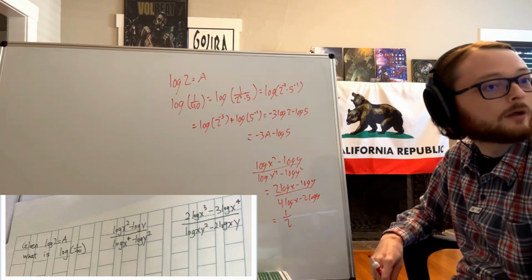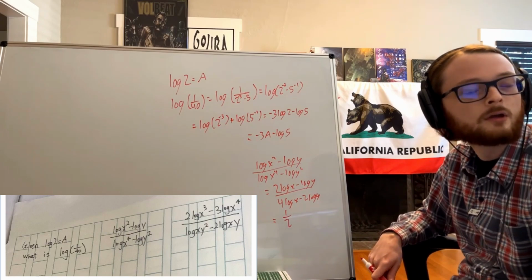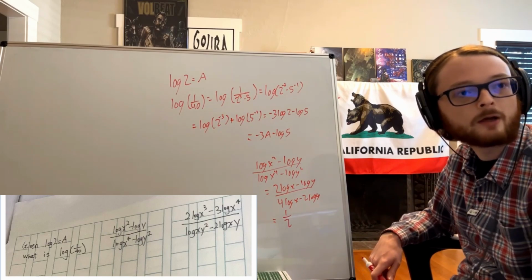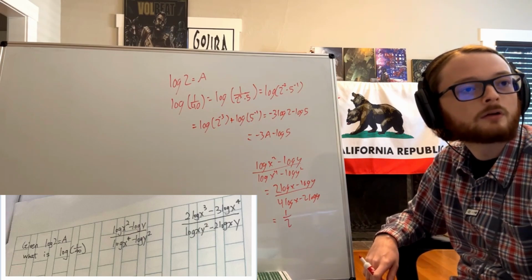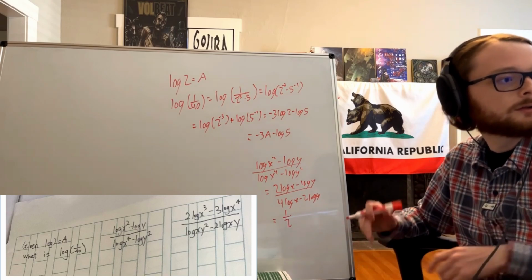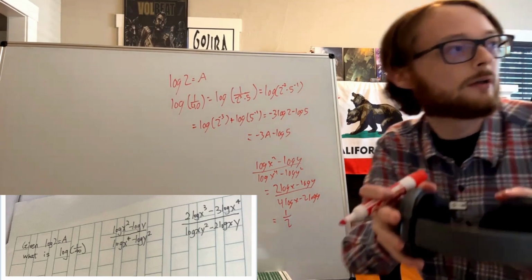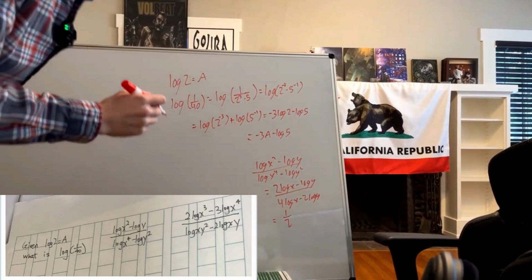Okay. And then for the third one, 2 log of x cubed minus 3 log x to the 4th. Ooh, the denominator is going to get a little tricky. Let's try it.